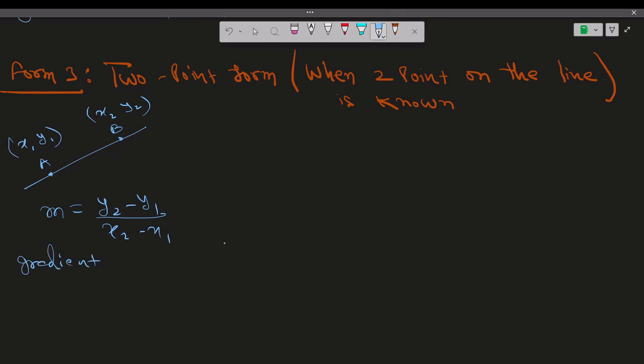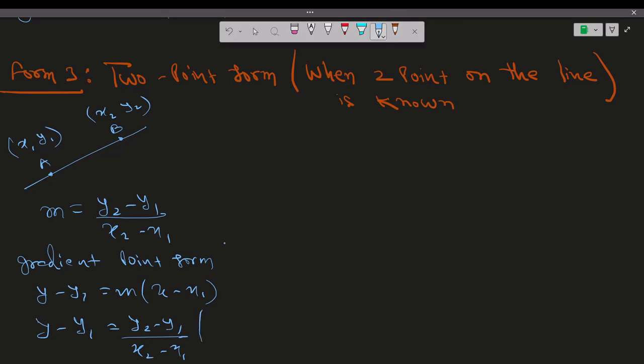I'm taking point A as my point. So what is the gradient-point form? y minus y1 equals m into x minus x1. In place of m, I will substitute y2 minus y1 upon x2 minus x1, times x minus x1.